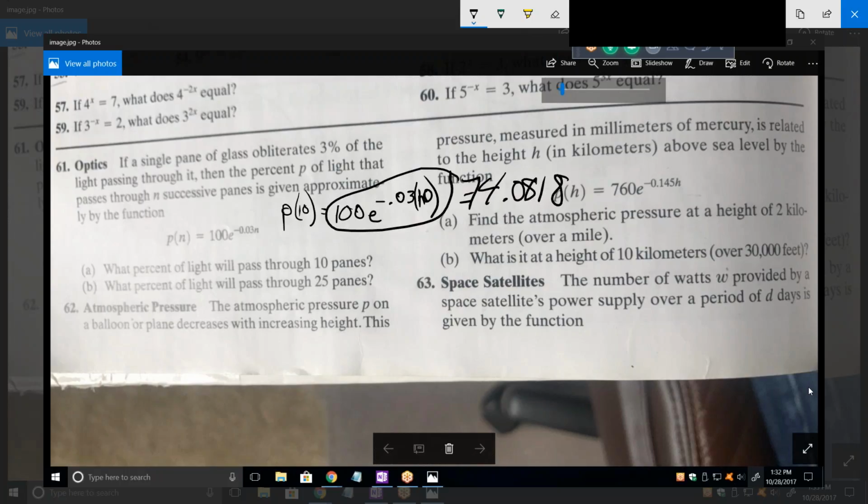So that was 100 over e to the 0.3, which is like the third root of e. All right, I can believe that answer. That answer makes sense. I always like to do a ballpark check, if you know what I mean by that.